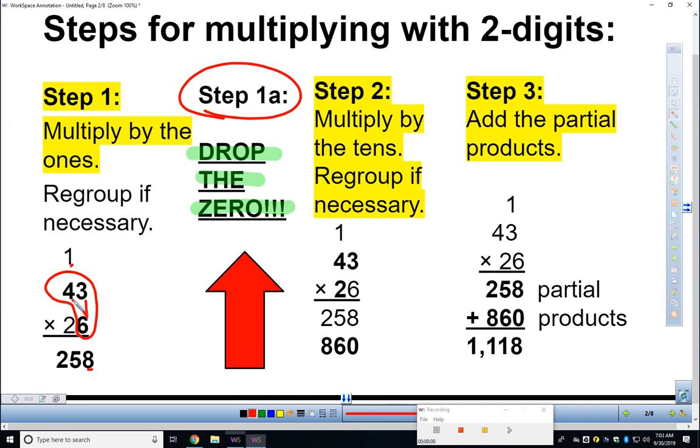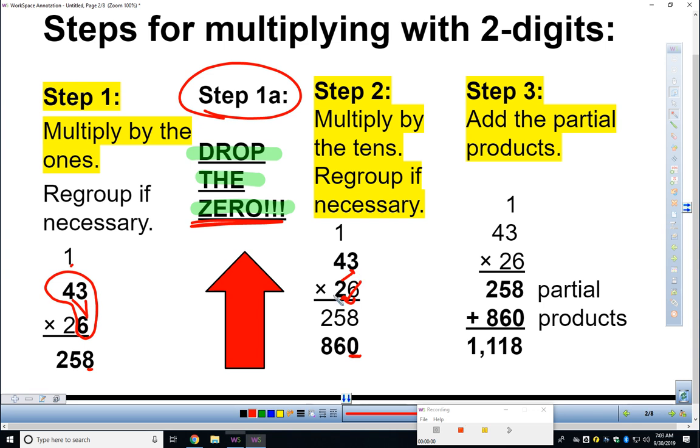Now, what I have done here is that I have used up my 6, and so I'll cross that out. Along the way, though, I also dropped my 0, and that's what this digit is right there. Because I have gone from the 1s to the 10s, when I multiply by my 10s, it's not really 2 times 3.